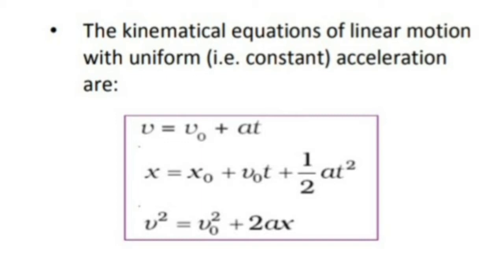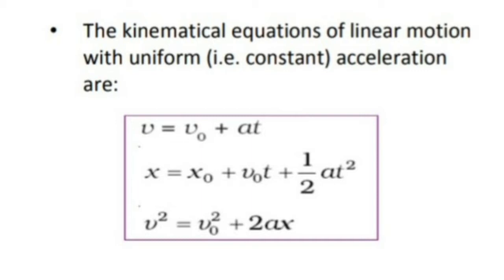And third, v squared equal to v0 squared plus 2a into x minus x0; if x0 equals 0, we have 2ax, so v squared equals v0 squared plus 2ax. So these are the three equations of motion.